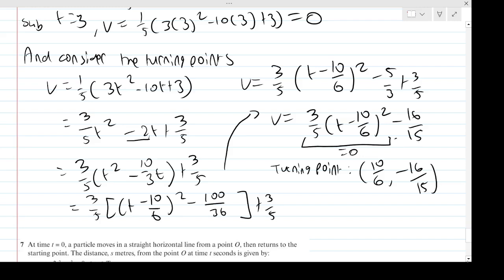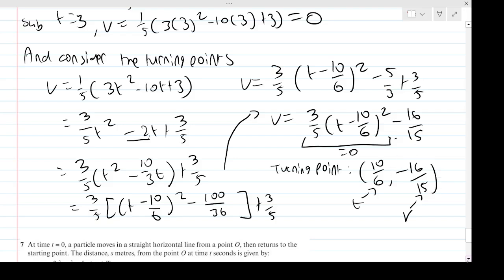And so there we are. So that's the value of t, and that's the speed, that's the velocity v. Okay. Now, so actually, this will give me my minimum, right?